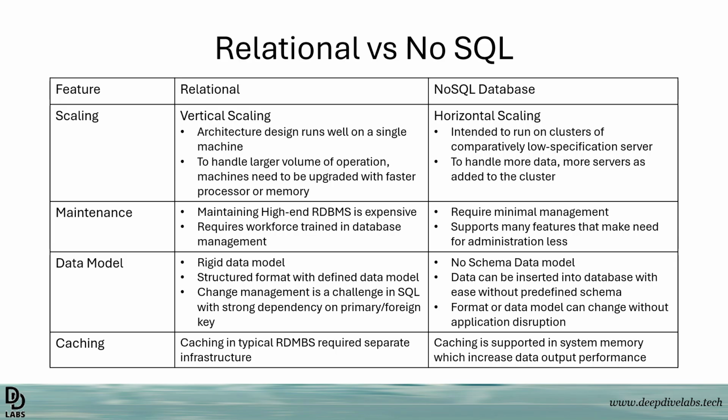So the development cycle tends to get longer in an RDBMS-based system, unlike a NoSQL database system. If caching is required, it's separate infrastructure for an RDBMS system, whereas caching is supported in system memory for a NoSQL database, which increases data output performance. So we can see what the key differences are between relational and non-relational databases.